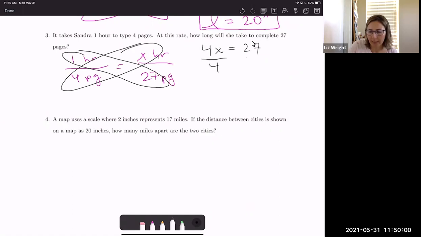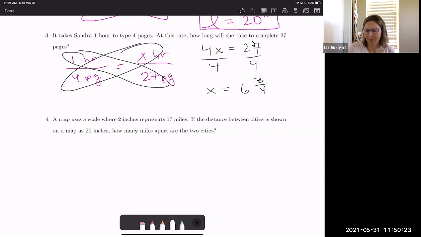Now divide both sides by 4. And I'm going to get x equals, and you can put this in your calculator. You can say, well, how many times is 4 going to go into 27 evenly? It looks like it would go into it evenly 6 times, because 6 times 4 is 24 with 3 left over. So 6 with 3 left over.